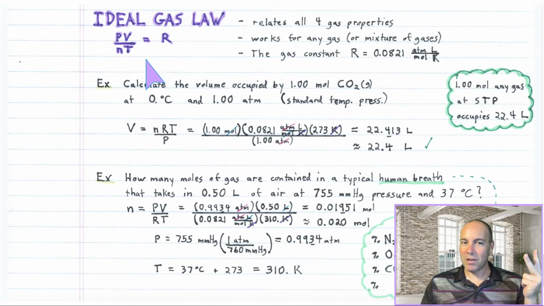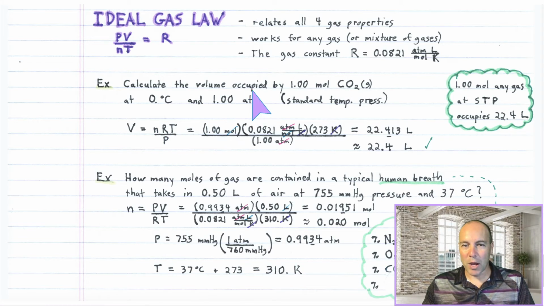And that's usually how you use the ideal gas law. You're told 3 of the properties, you get the 4th one using the equation, because you always know what R is. If you know what R is and you know what 3 of the properties are, then you can solve for the 4th property. So solving for V, that's how you'd calculate it. Just make sure that the other properties are in the correct units.